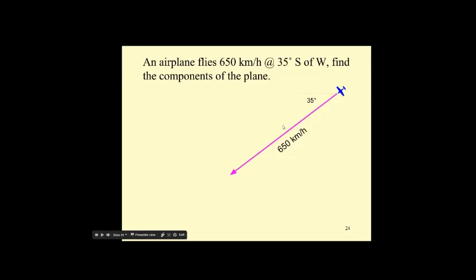I'm going to then draw in the two vectors. So I have the horizontal. We can actually refer to this as the west component because we have a reference for that. And we can call this the south component. So by calculating, the x component is 650 times the cosine of the inside angle 35.